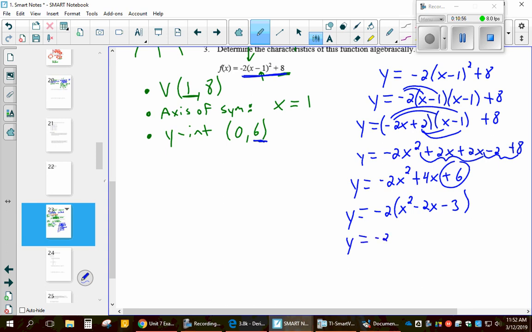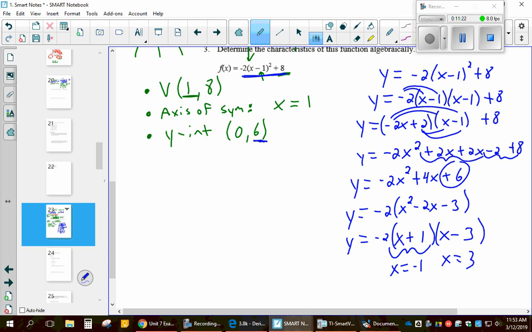Now I just need to factor this part, so I'm going to put my brackets down. They both get an x. So I need numbers that multiply to negative 3 and add to negative 2. So 3 and 1 are the only ones that would work, and this one's got to be negative and this one's got to be positive. So my x-intercepts would be x is equal to negative 1 and x is equal to 3.